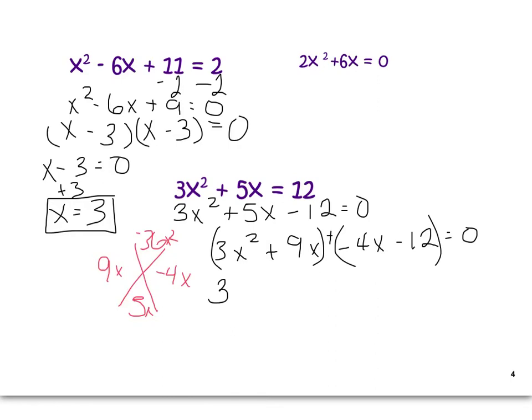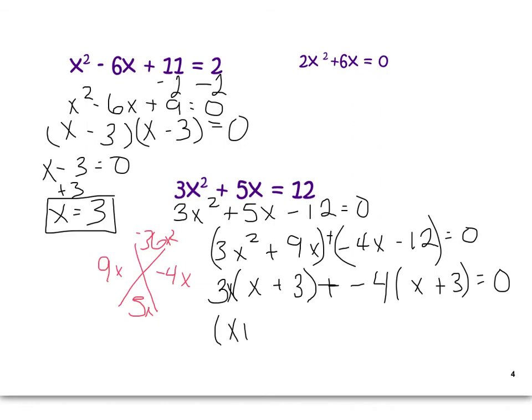Okay, take out a 3x, leaving me with x plus 3, plus, I'm going to take out a negative 4, giving me an x plus 3 equals 0. Alrighty, taking my double, my x plus 3, and multiplying it by what's left, 3x minus 4 equals 0.